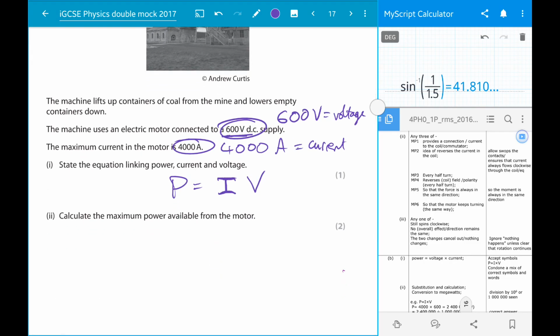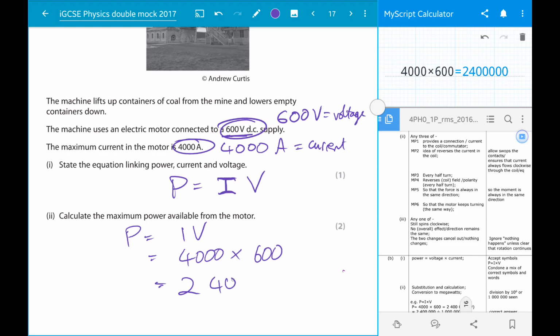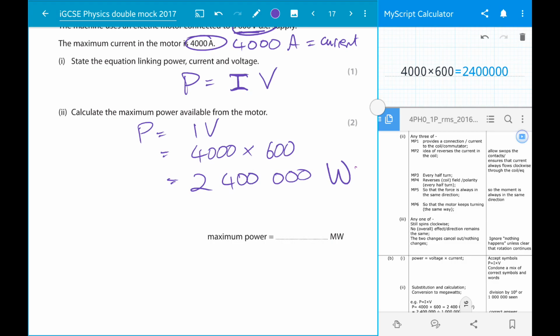Calculate the maximum power available from the motor. P equals IV, so it's going to be 4,000 multiplied by 600, and we get, using our calculator here, hopefully 2,000, hold on a sec, not 2,000, 2,400,000 watts, which shows you that 1 watt is not very high.